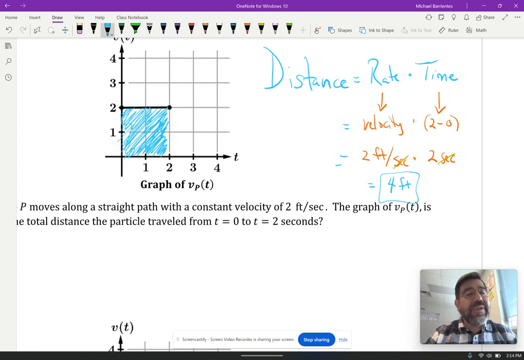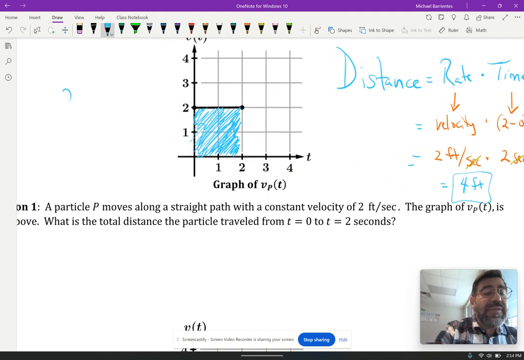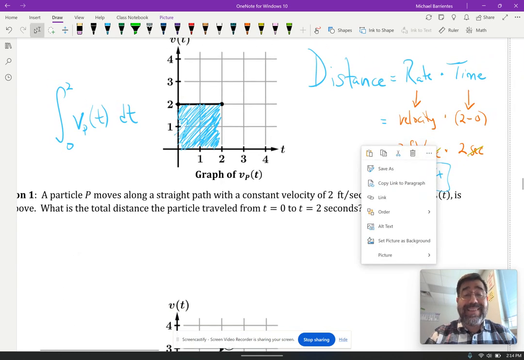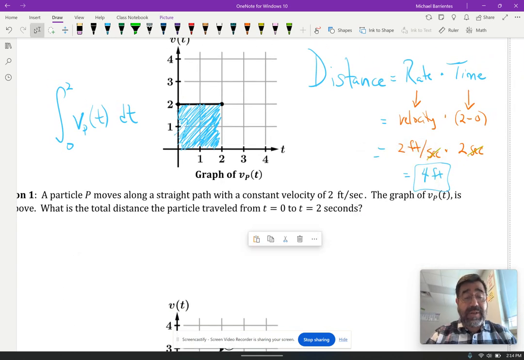So in a very real sense, when we do the integral from 0 to 2 of the velocity of particle P in terms of t, this definite integral, which creates this area under the curve, is really finding for us the distance that the particle has traveled.